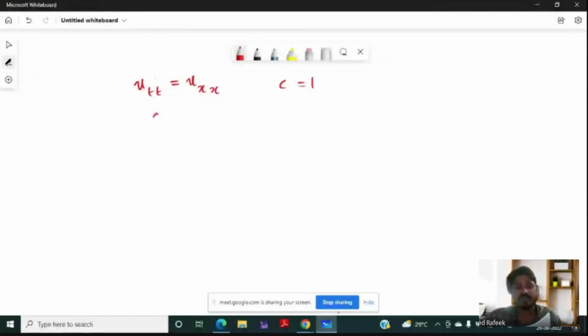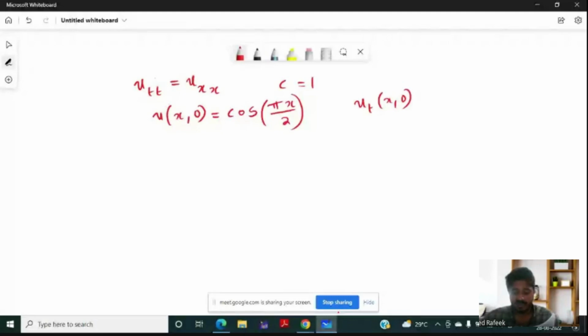And u of x comma 0 is equal to cos of pi x by 2. And u_t of x comma 0 is equal to v of x, that is equal to 0. And this is eta of x.